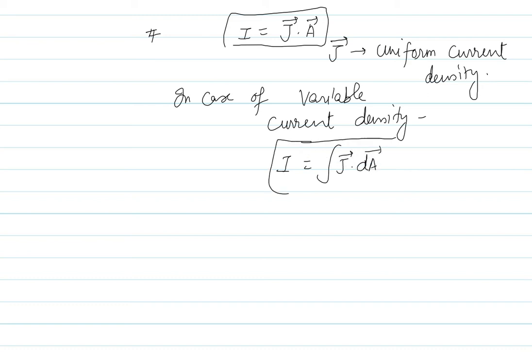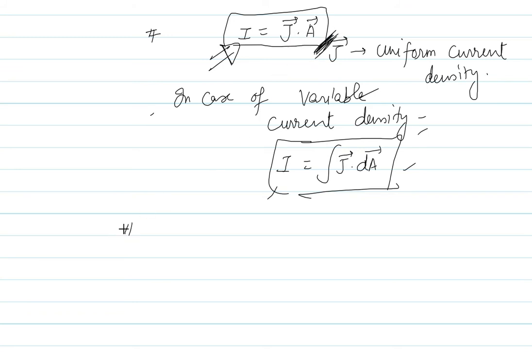So this is the expression for variable current density. Generally the board does not ask questions related to the variable density case, so you can just ignore this formula.